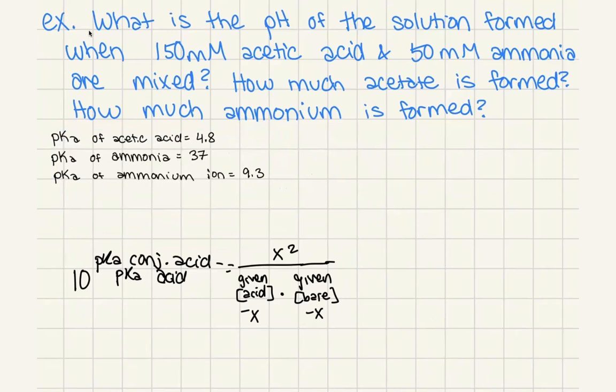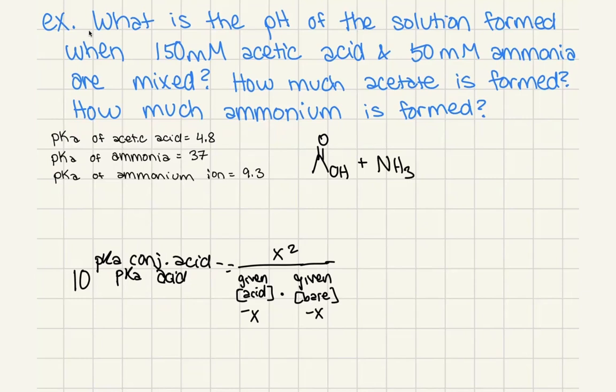So let's go ahead and sketch out what equation we actually have going on, the reaction that we have going on here. We have that same acetic acid, and it's going to now be added to NH3. So this is our ammonium ion.